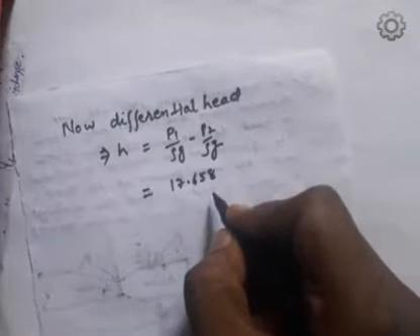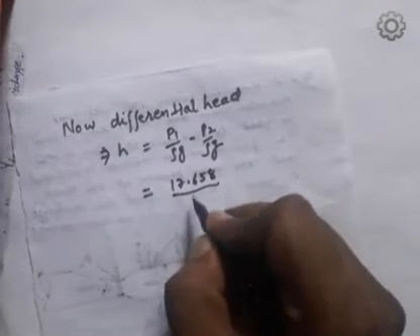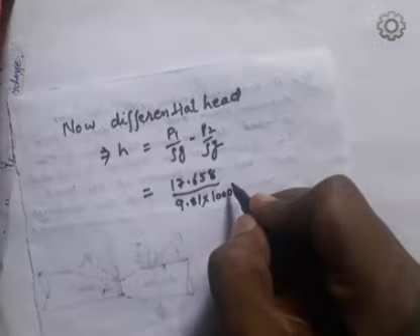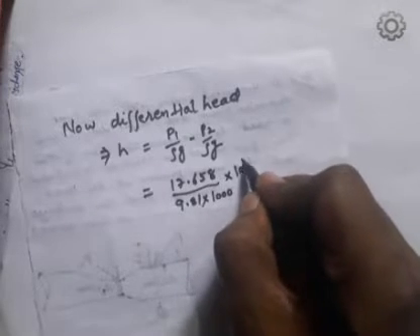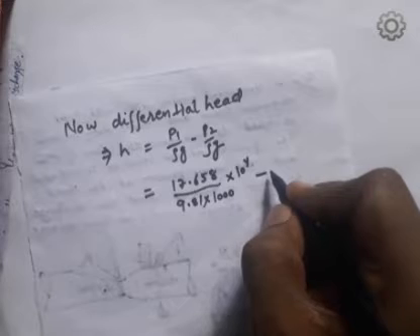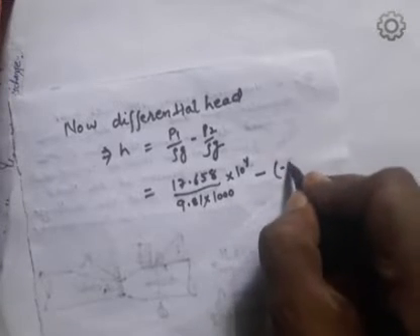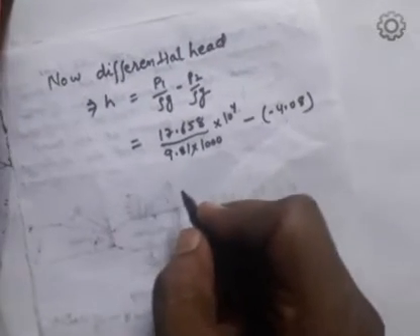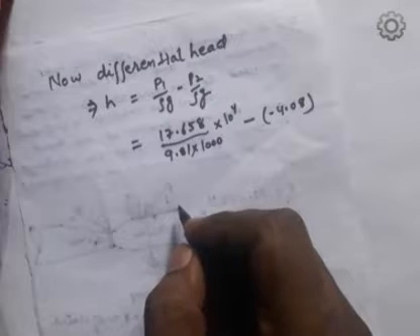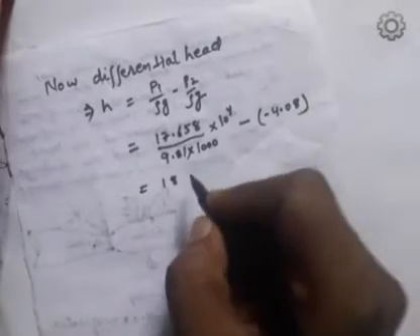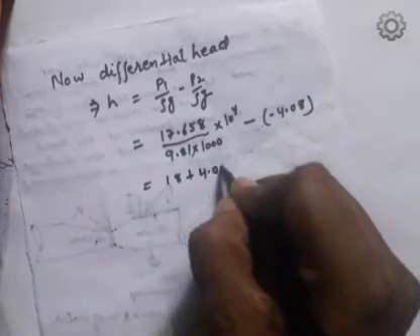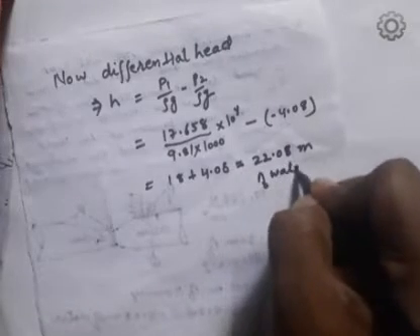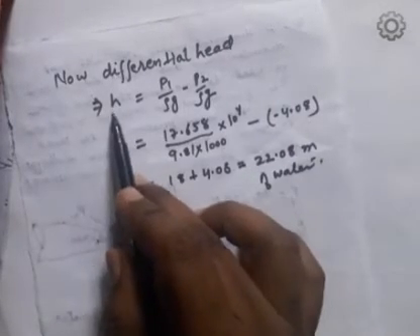To convert it into head of water, we divide by rho g, where rho is 1000 and g is 9.8, and to convert centimeter into meter, we multiply by 10 to the power 4. Minus P2 by rho g gives minus 4.08 meter of water. So P1 minus P2 by rho g is 18 plus 4.08, equal to 22.08 meter of water. So we have found the H.